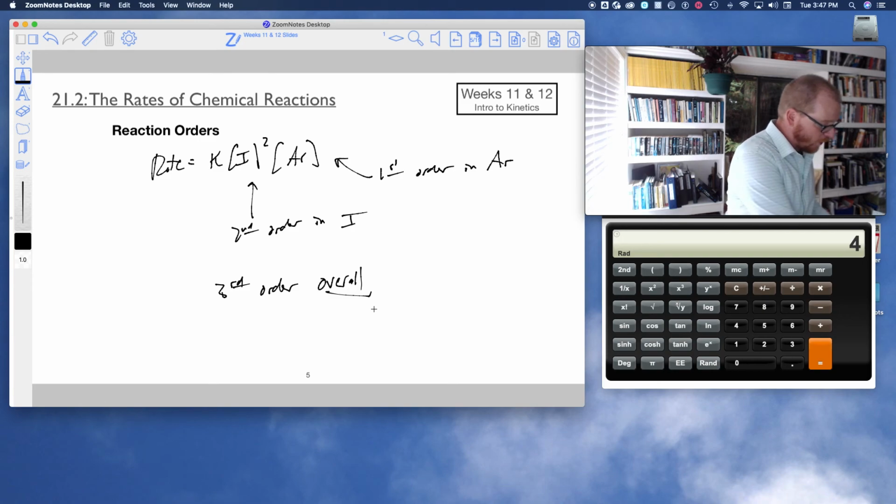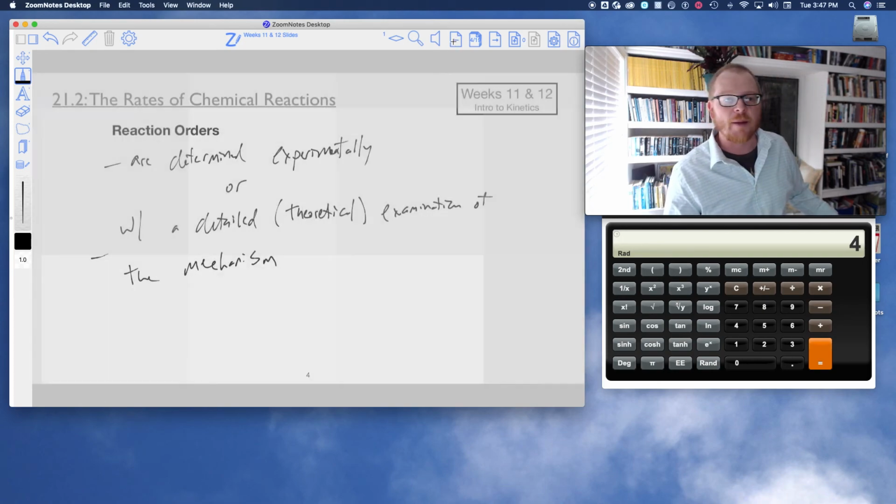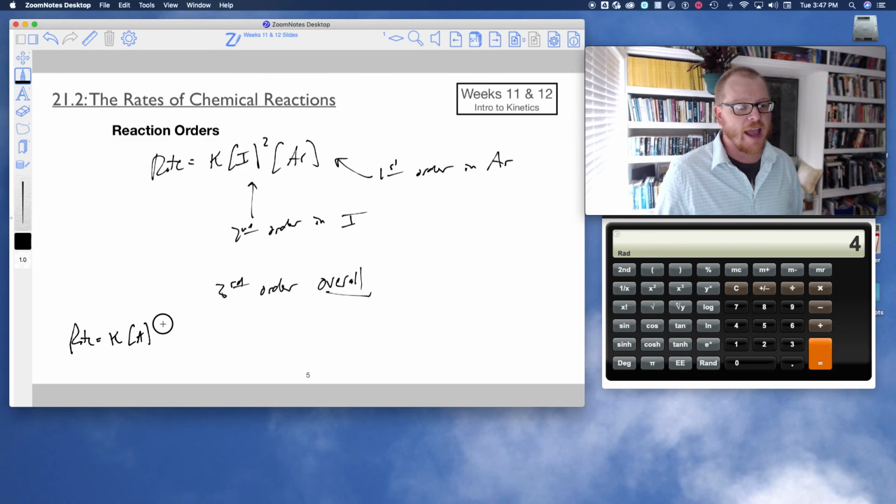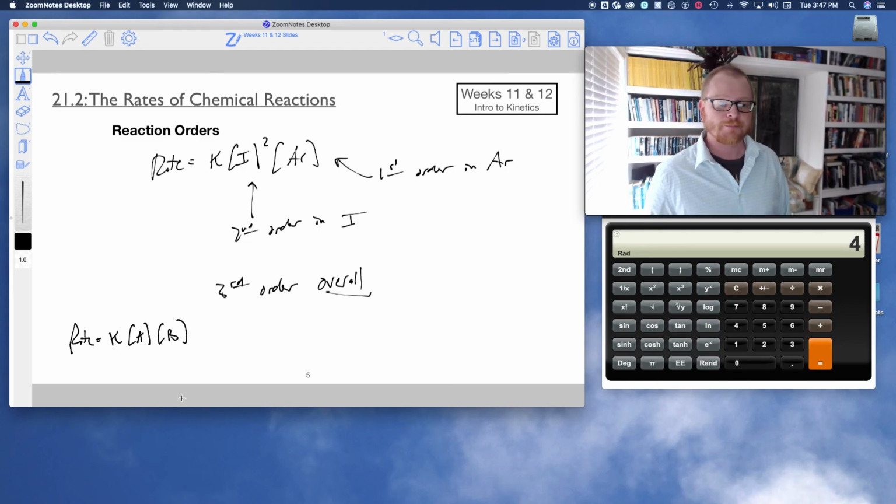So let's see here. Or like another one, let me just back up. Now I think I know why I had all this other stuff. So to give you another example, let's suppose that a rate equals K times A times B. So let's suppose it worked out like that. And when I don't write a number on the exponent right there, it's implied that it's raised to the first power, right?